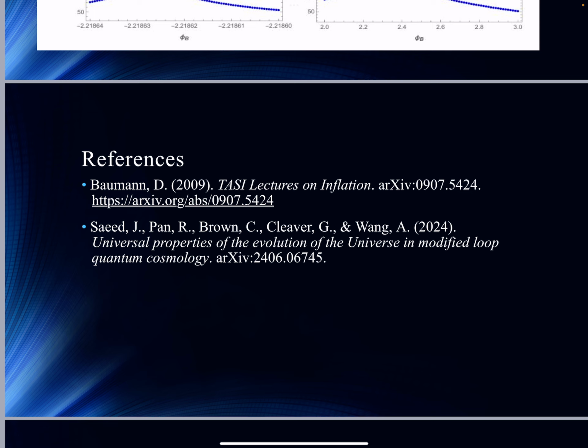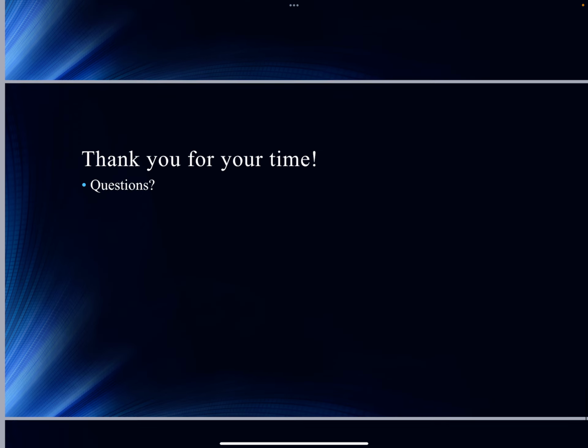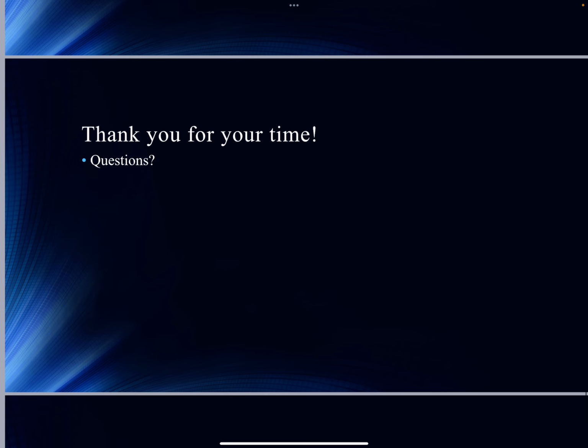Here are some references that I used in this talk. And just to recap before I end here, we basically want to understand the universe at just fractions of a second after the expansion. So in order to do that, we need a quantum theory of gravity. And loop quantum gravity is the theory that was used in this talk.